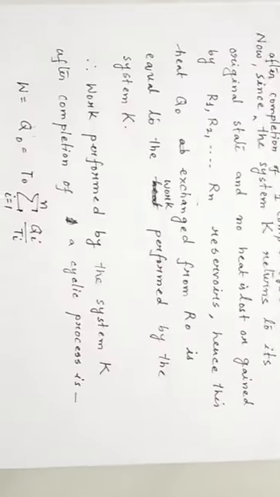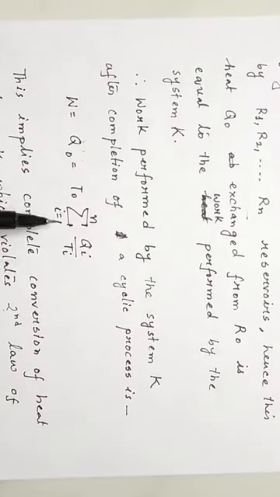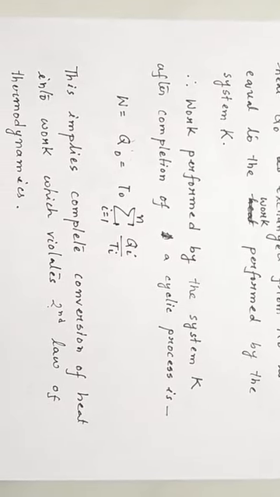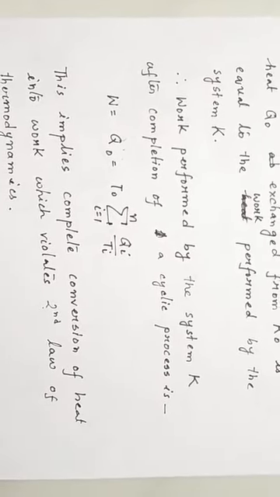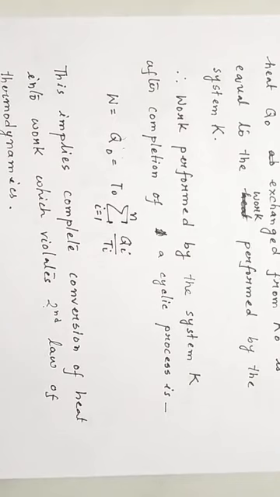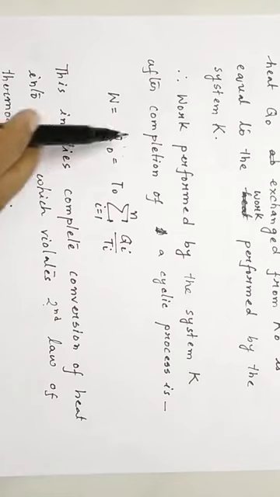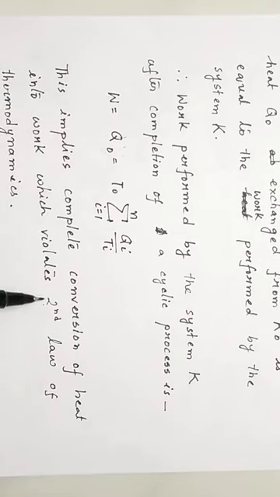So this relation is only possible if this is less than 0 or equal to 0. If it is a positive quantity, it will mean that the heat absorbed from a single reservoir is completely converted to work, which violates the second law of thermodynamics.